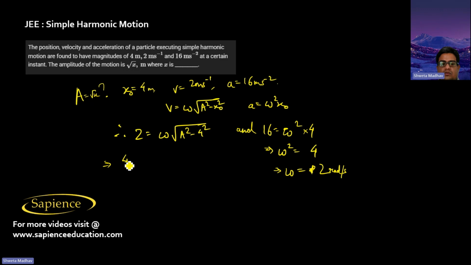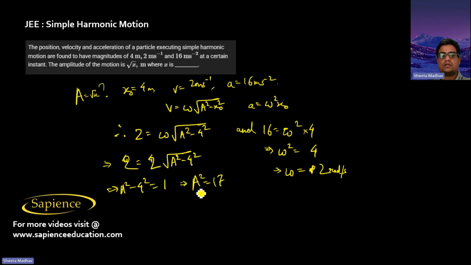Therefore, we can set 2 equal to omega, and omega is also 2. So 2 is equal to 2 into root over a square minus 4 square. So root over a square minus 4 square is 1, and therefore a square will be equal to 17.